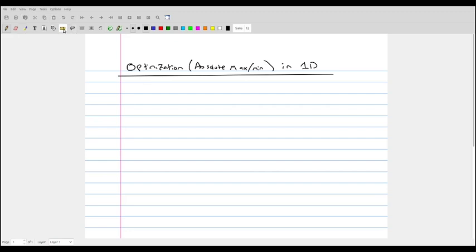And what you'll hopefully recall is that the main theorem that we have for optimization in 1D is that the absolute max and min, sometimes called the global max or min of a given function, occurs at one of two locations.